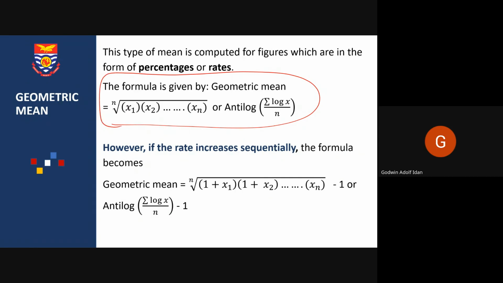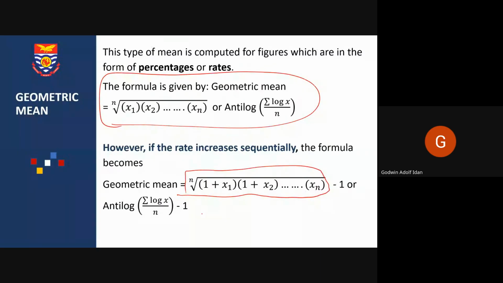We are going to compute the geometric mean using this particular formula, which says we should find the nth root of the product when we add 1 to the respective percentages or rates, and then we multiply these, and then we subtract 1.